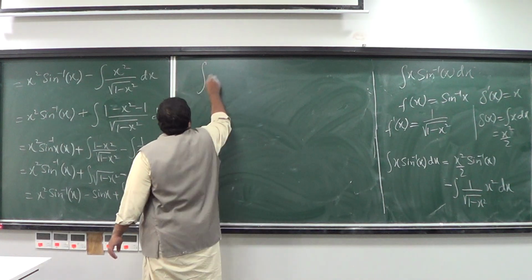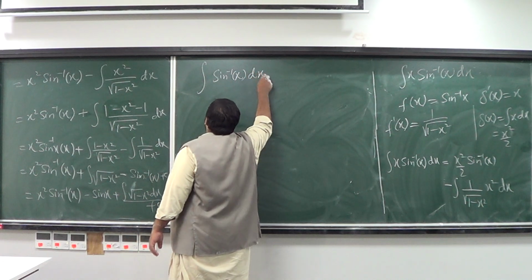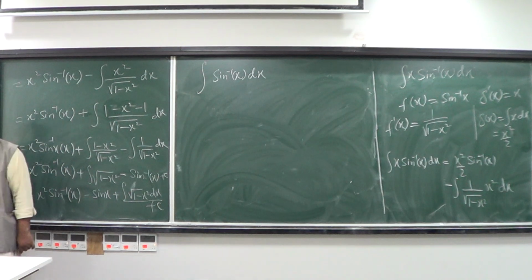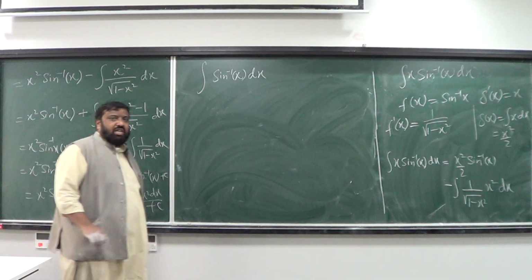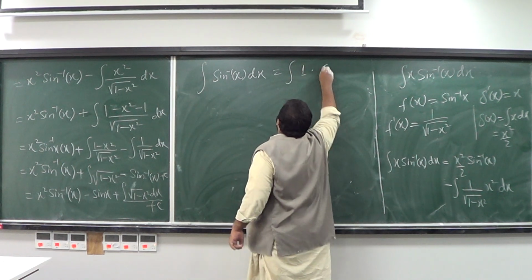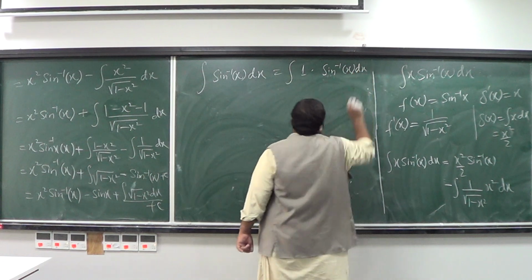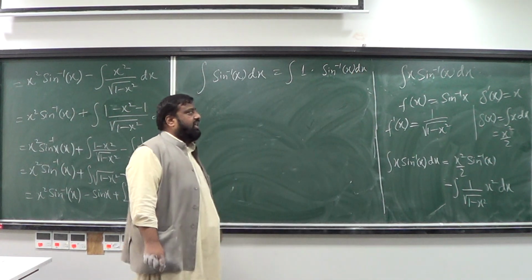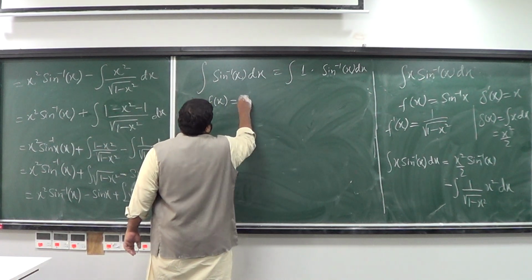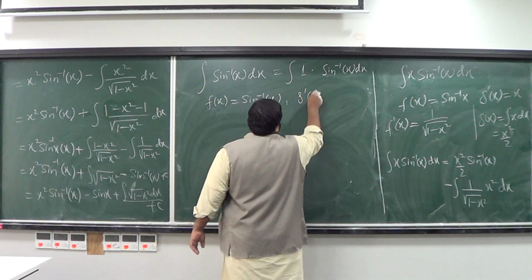What if I just have sine inverse x and I want to find its integral? The answer is still integration by parts would help you, because you can write this as 1 multiplied by sine inverse of x dx, and you can do what you did here: take f of x to be sine inverse x and g prime of x to be 1.